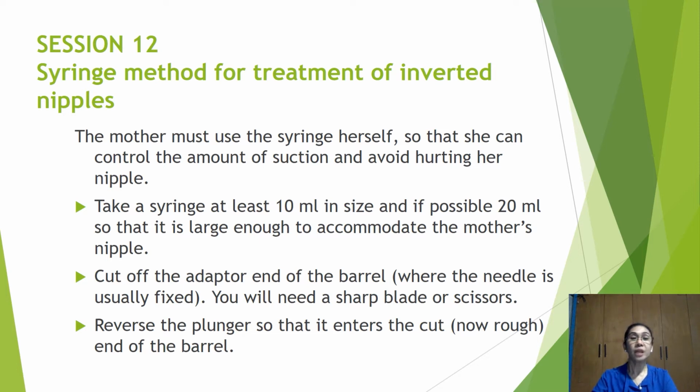Cut off the adapter end of the barrel where the needle is usually fixed. You will need a sharp blade or scissors to do this. Reverse the plunger so that it enters the cut, now rough, end of the barrel.